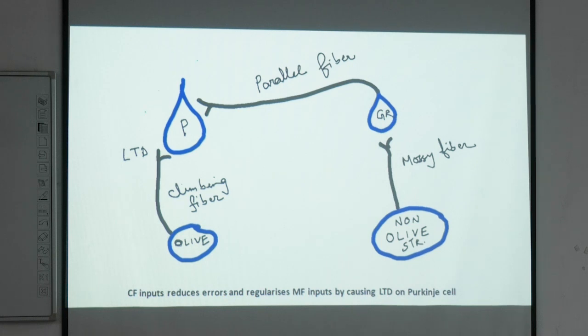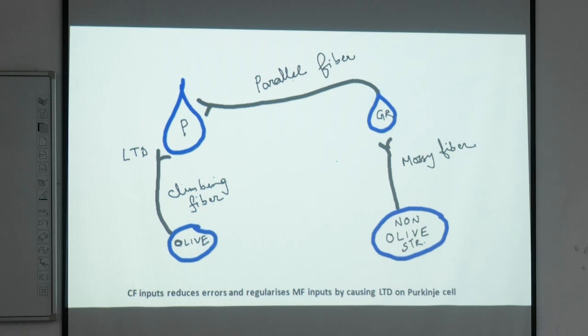At the beginning of learning, when you are just trying to learn swimming or riding a bicycle, there are lots of non-olive inputs through mossy fibers, and all these inputs are irregular. If we are able to record the membrane potential activity on the Purkinje fiber at the beginning of learning, you will get all irregular spikes, and all these irregular spikes are smoothened up with climbing fiber input that applies long term depression on the Purkinje cells.